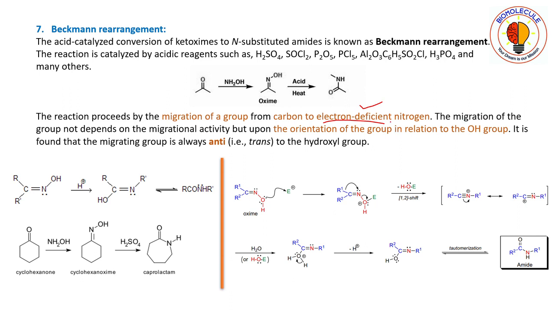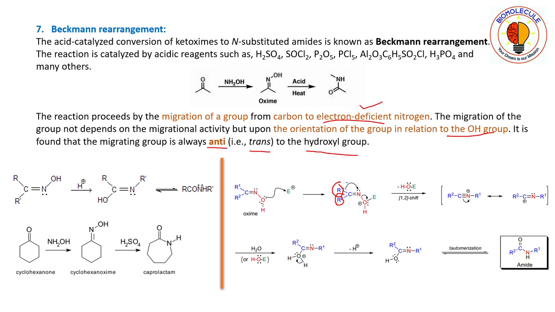The reaction proceeds by the migration of a group from carbon to electron deficient nitrogen. Okay, the migration of the group does not depend on migrational aptitude but on the orientation of the group in relation to the OH group. Okay, it is found that the migrating group is always anti, that is trans to the hydroxyl group. Now since this nitrogen is electron deficient, so the reaction will proceed by the migration of any alkyl group, okay, from this carbon.